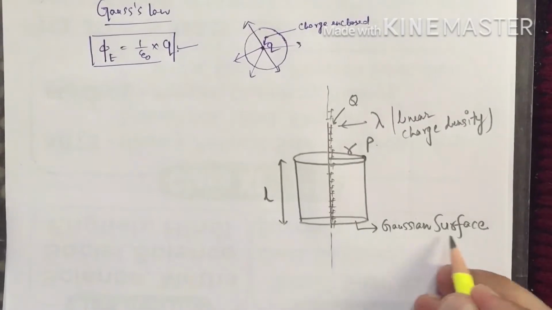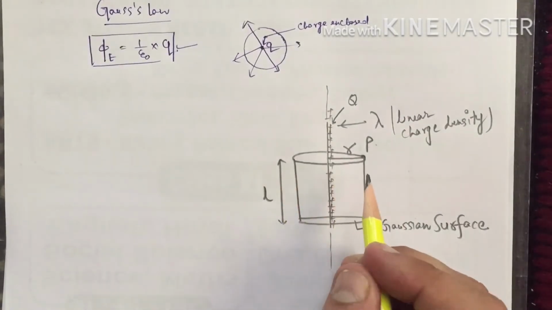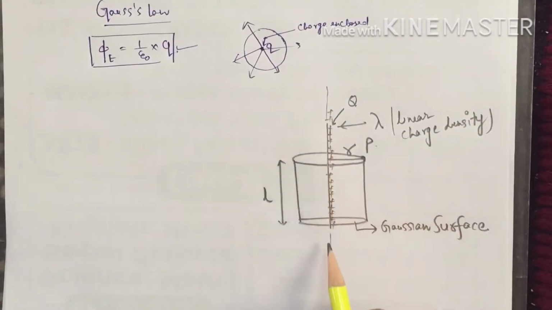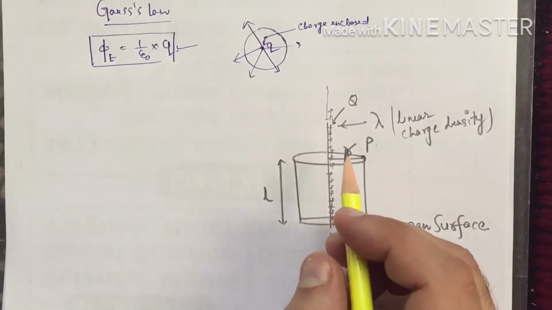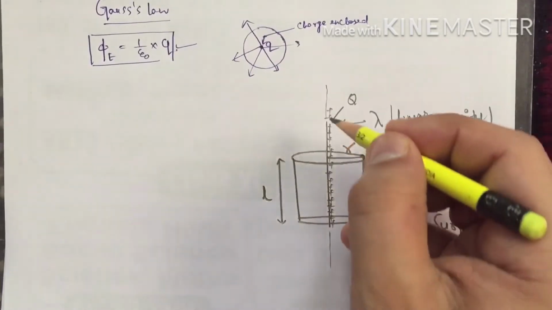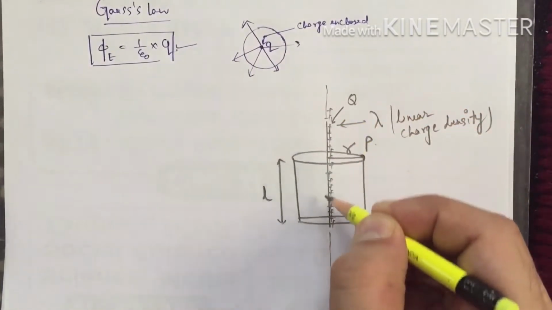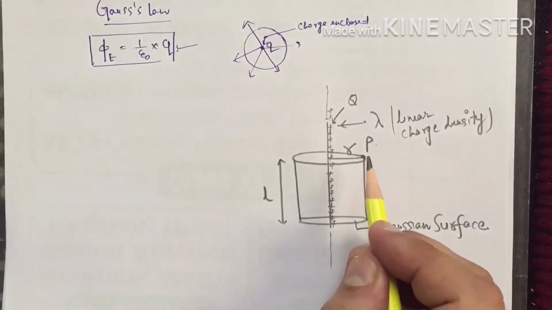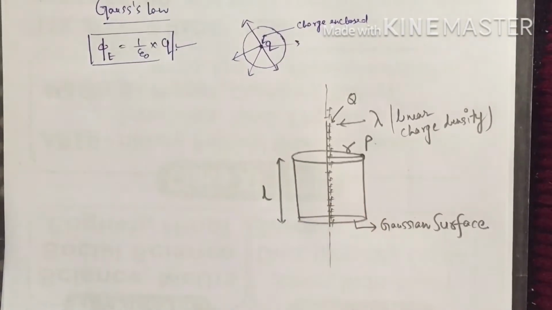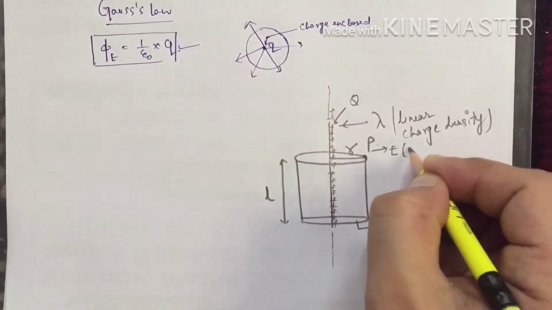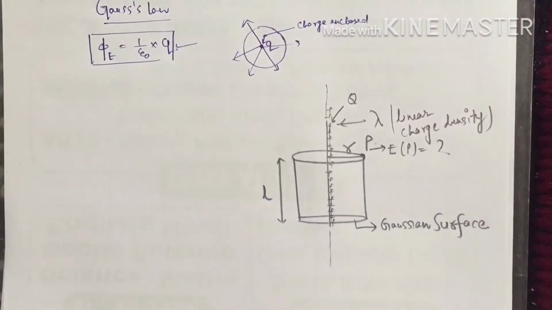I repeat again, a Gaussian surface is a closed surface which is drawn around a charge distribution, and the shape of the Gaussian surface will depend on the type of distribution. So if the distribution is along the length, then the Gaussian surface will always be a cylinder of some radius and some length L.